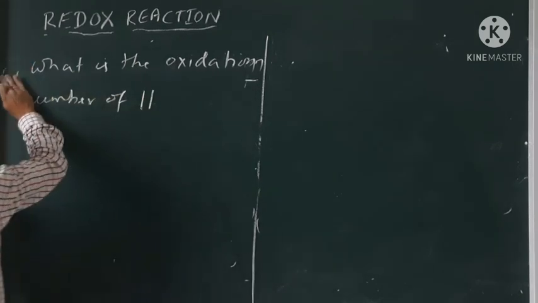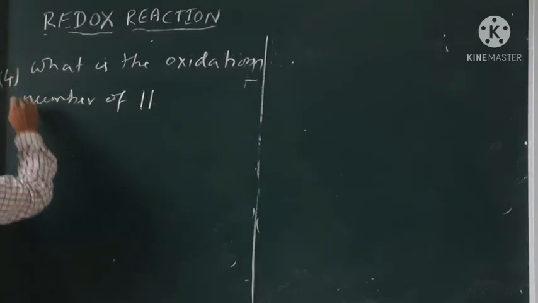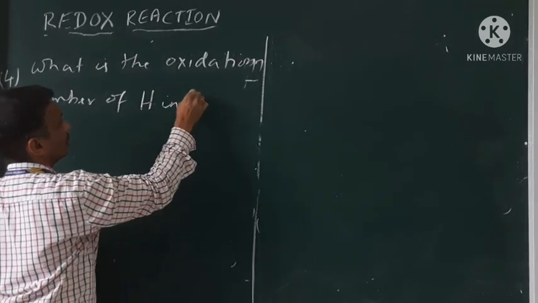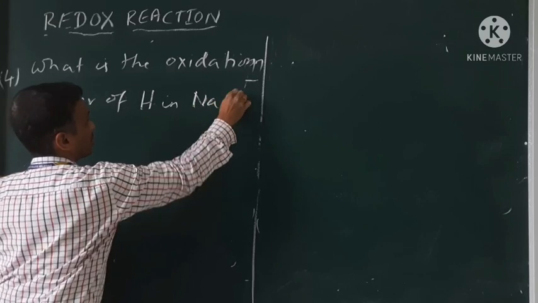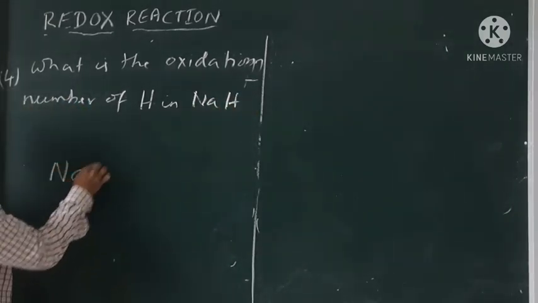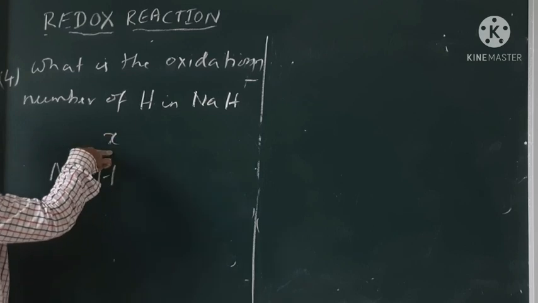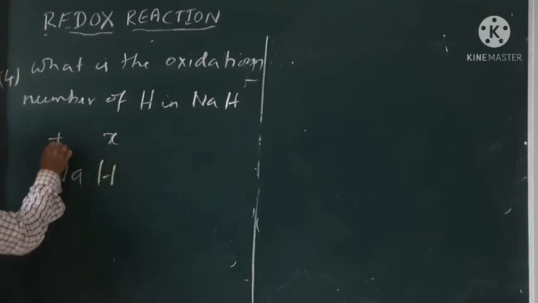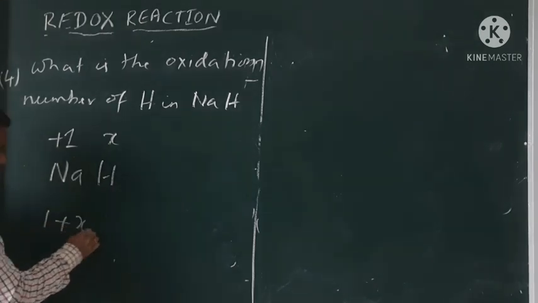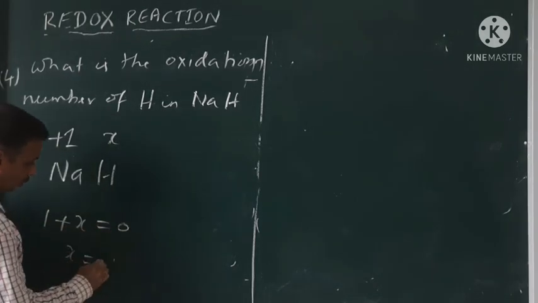Next one, the fourth one. What is the oxidation state of hydrogen in NaH? So in NaH, for the hydrogen you have to calculate X. Sodium is plus 1 because it is an alkali metal. So 1 plus X equal to 0, X equal to minus 1.